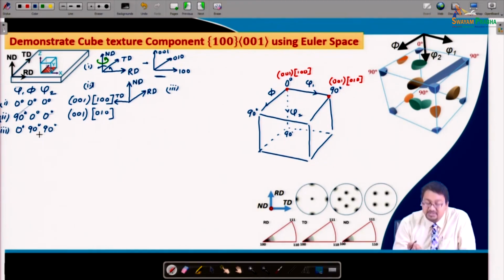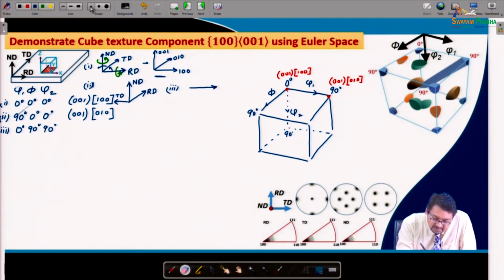The rotation has to be done along RD using the right hand thumb rule, which is like this, right. Let me take another color and let me show you that this has to be something like that, right. Now, if such a situation exists, then the phi 1, phi, phi 2 is 0, 90, 0 degree, okay.